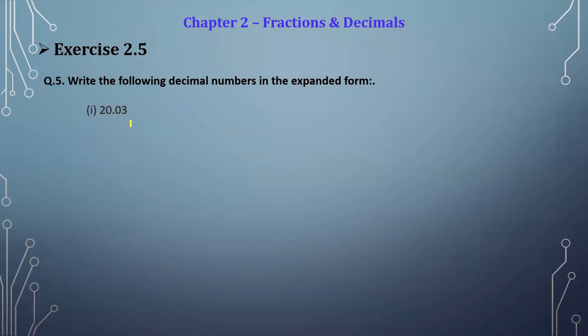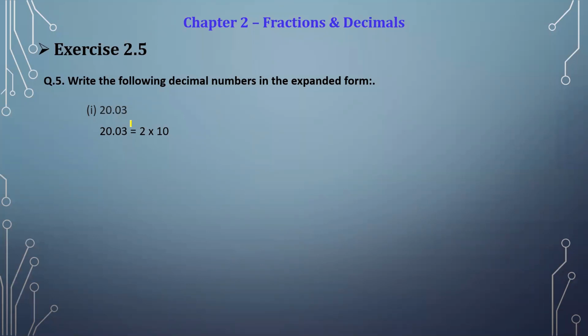Now we consider the first digit, which is 2. The first digit of 20.03 is 2, and if we compare the position of that number, it is obviously present at tens place. So while expanding we multiply that digit by the place value of that digit.